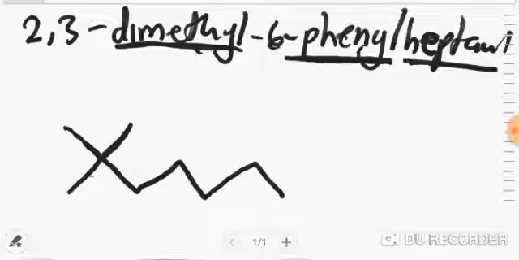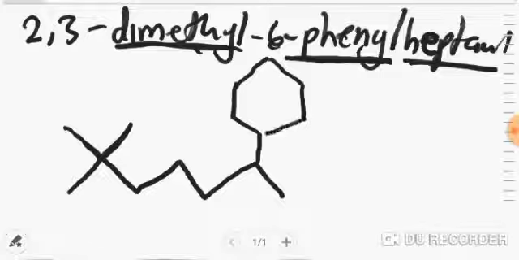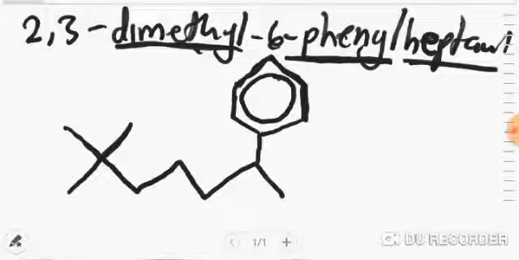On position number 6, so it's 1, 2, 3, 4, 5, 6. Position number 6, we have a phenyl. Phenyl is an aromatic 6 carbon ring. So there it is, we have our structure.